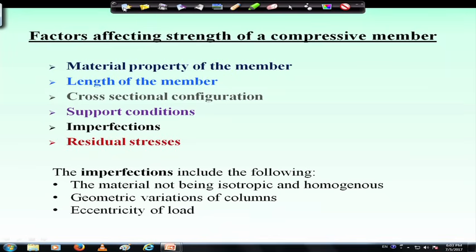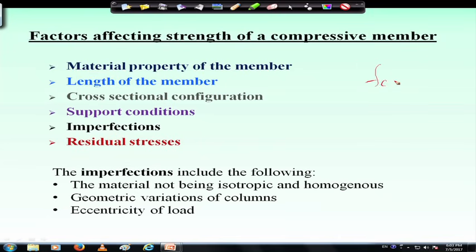Now, if we see the factors which are going to affect the strength of a compression member, the first is the material property of the member.